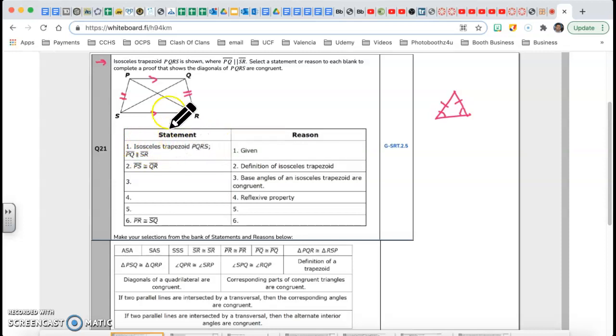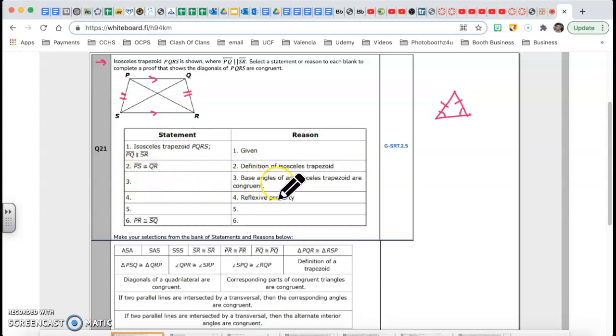That's information given from the top, and also the two lines are parallel. Next, PS congruent to QR. That's the definition of isosceles trapezoid. Excellent. Three, I have no idea.